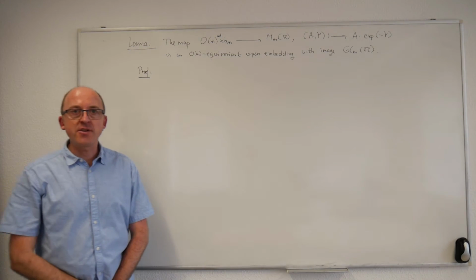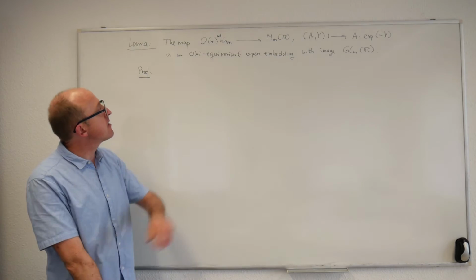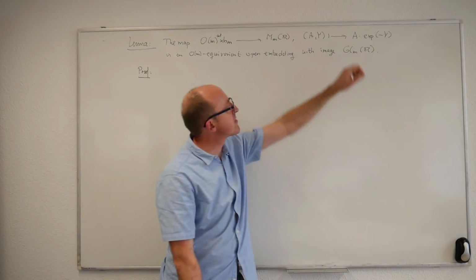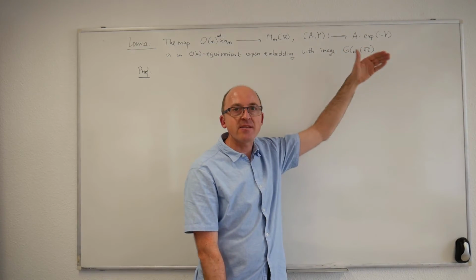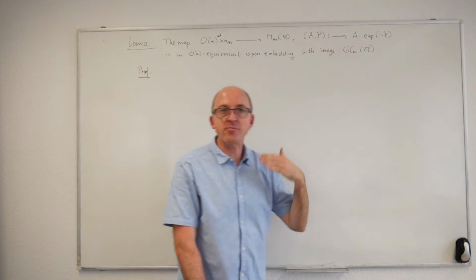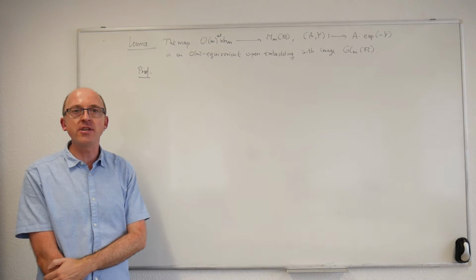Here the first observation is that the map really has image in the general linear group, but this is clear. After all, A is invertible because it comes from the orthogonal group, and exp(y) times exp(-y) is the identity, so exp of anything is always an invertible matrix. So this clearly has image in the general linear group.